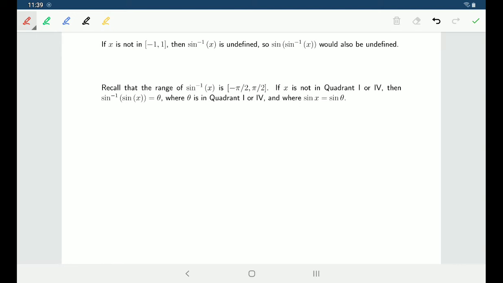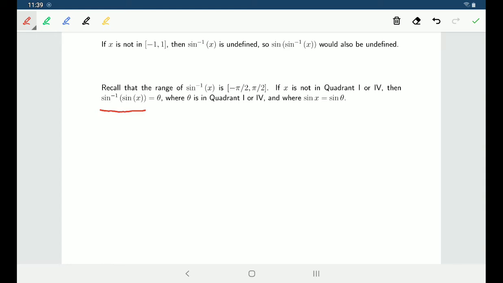The other one is not as straightforward, because remember, even though we've restricted the domain for sine to be from negative pi over 2 to pi over 2, that doesn't mean that we can't still evaluate sine outside of that interval. So if we were to look at something like sine inverse of sine of x, if x wasn't a number between negative pi over 2 and pi over 2, you could still evaluate what sine of x is.